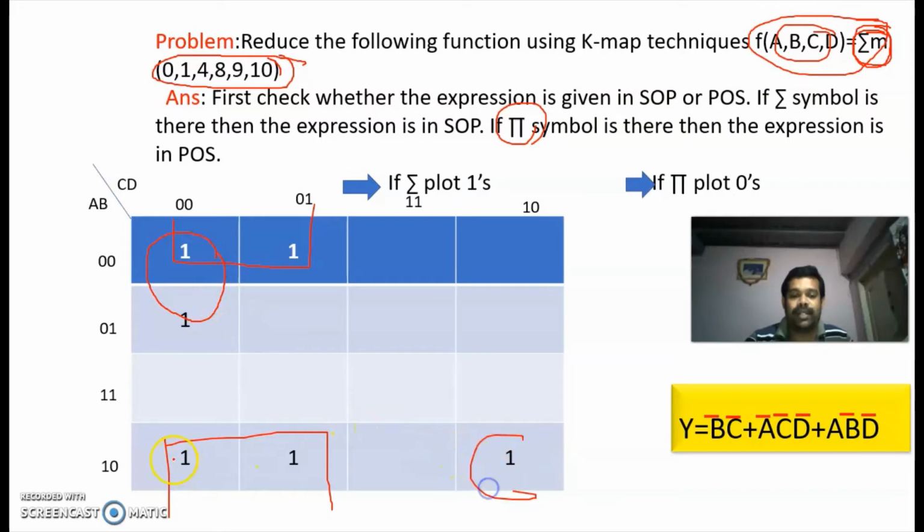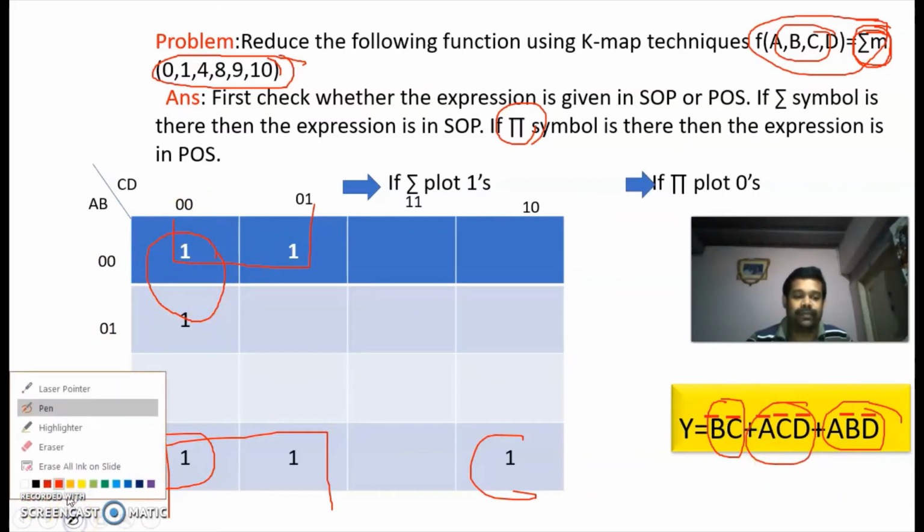Similarly, these 2 you can group like this. So for this 4, the expression is b bar c bar, the first one. The expression for this group is a b bar d bar. For this group is a bar, c bar, d bar, this one.